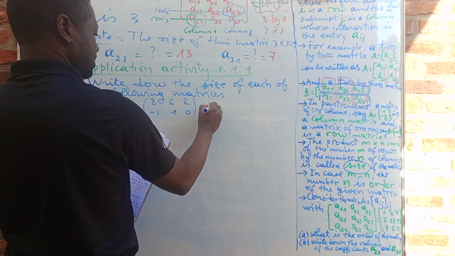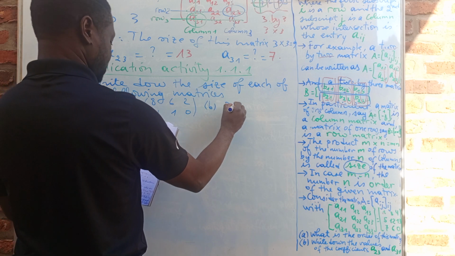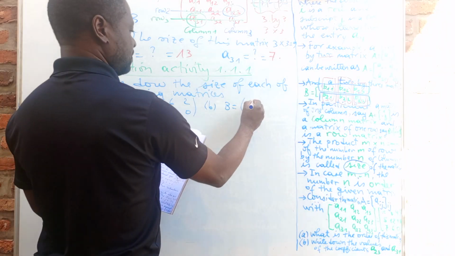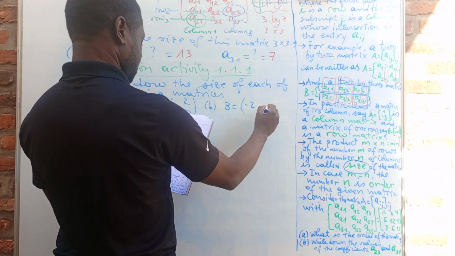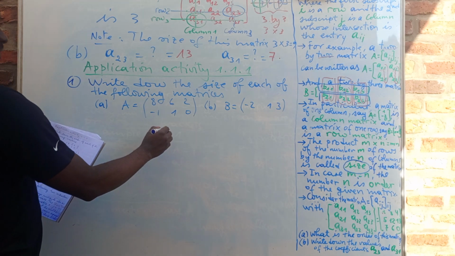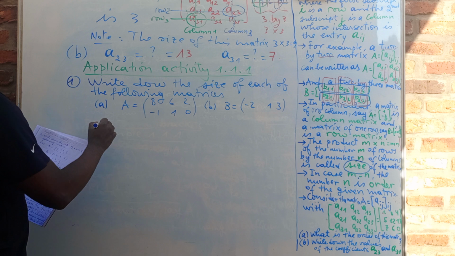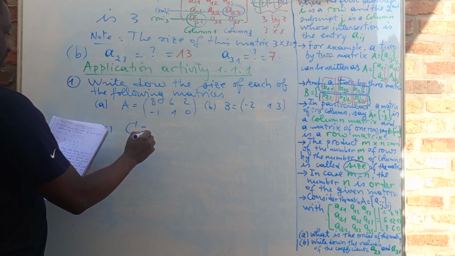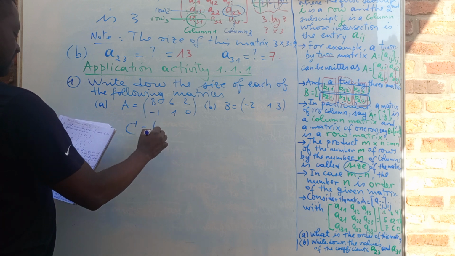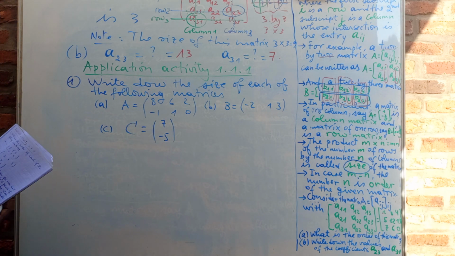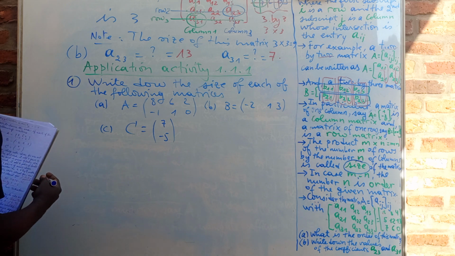Matrix B is a row matrix: -2, 1, 3. Now number C. Question C is matrix C, which is a column matrix because it is made up of one column. So that is the number 1 question.